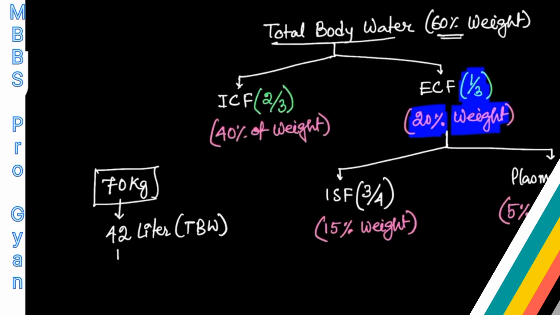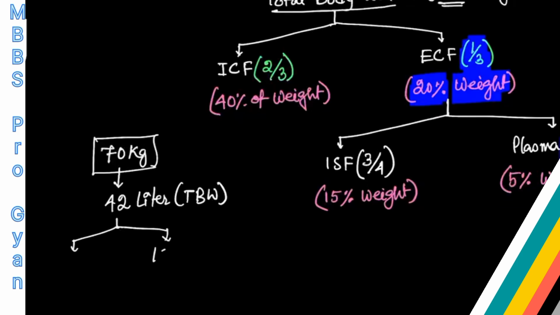This will be distributed in 2/3 and 1/3, that is 14 liters for ECF and 28 liters for ICF, right? So this way we can approximately calculate the different body water compartments according to the body weight of the person.